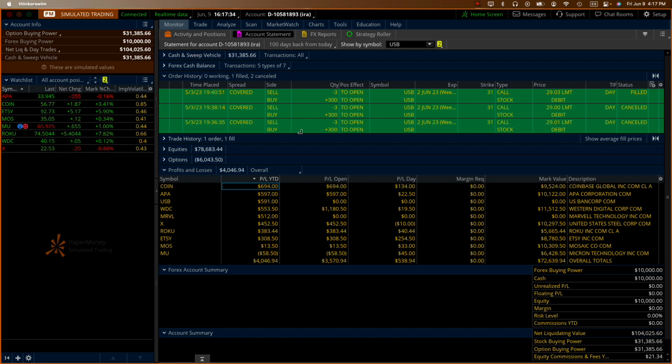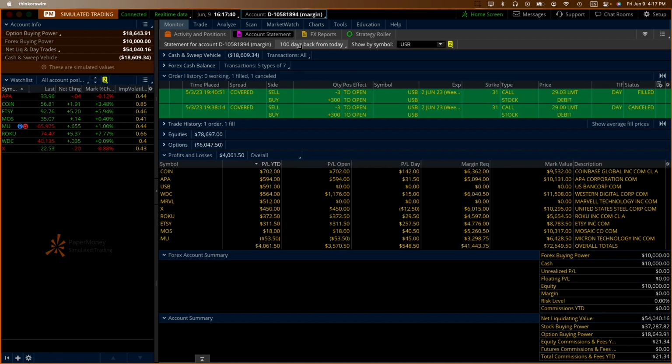So what happens with the margin account? Well, in the margin account, it's more or less the same value because I have entered those trades almost simultaneously. So 4,000, but this time out of a $50,000 account.